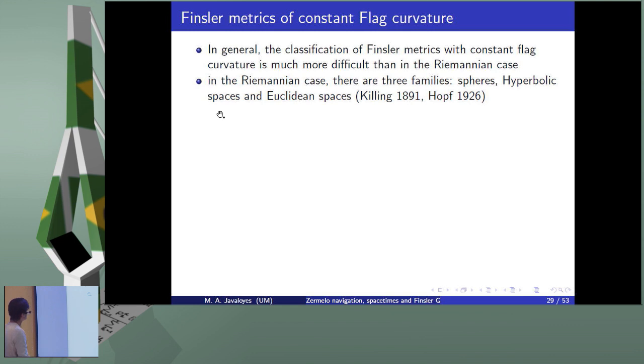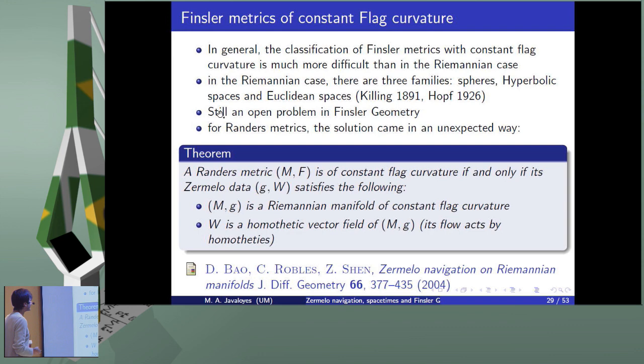And there are only three families: spheres, the hyperbolic spaces, and Euclidean spaces. Well, in Finsler geometry, it's still an open problem, but in the family of Randers metrics, about 14 years ago, they found the solution in an unexpected way. They found the solution using the Zermelo problem.